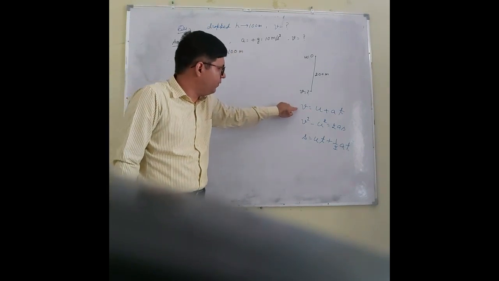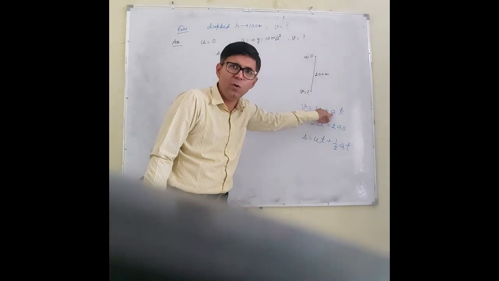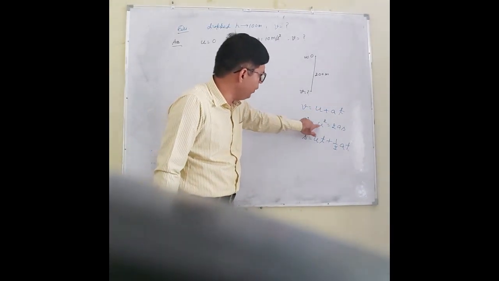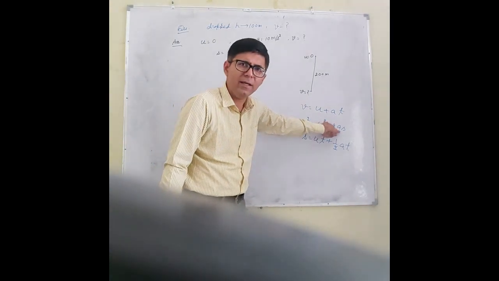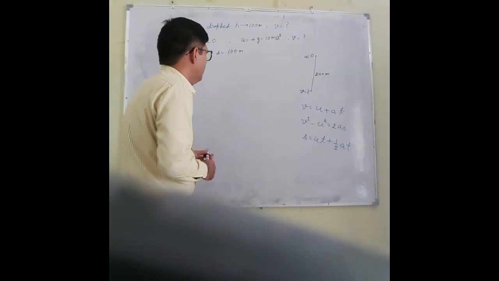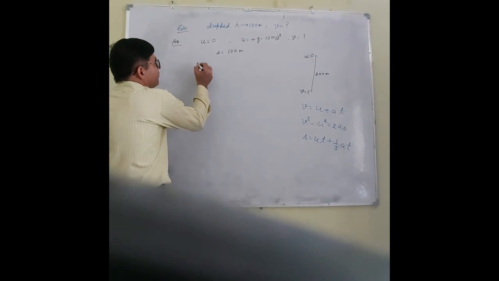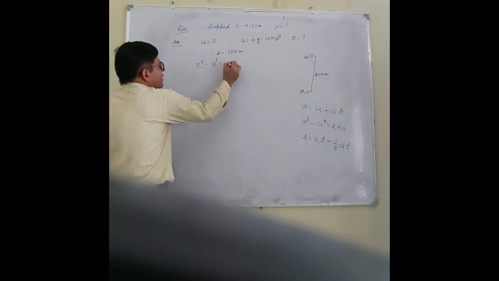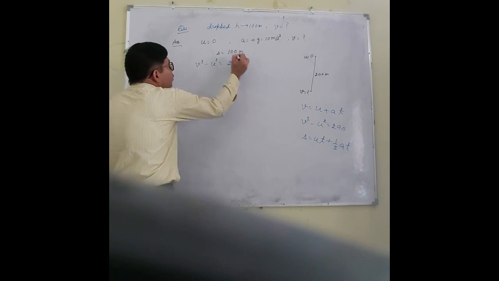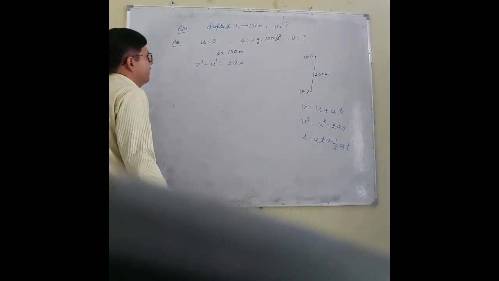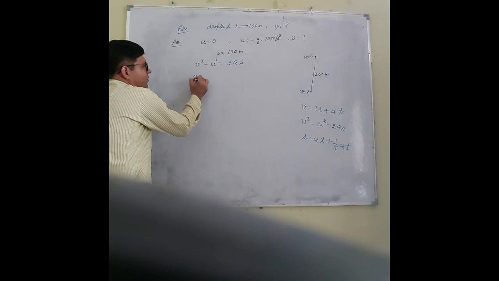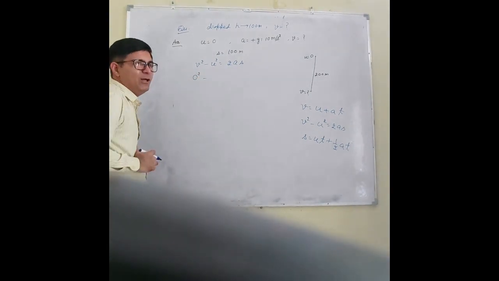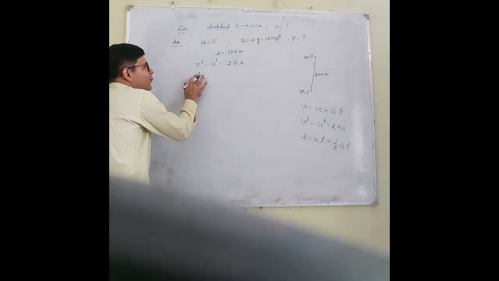In this one, v, u, a, s is not all there, so I won't use this formula. Here, v, u, a and s all are there, so I will use this formula. Take v square minus u square equals 2as. So here v is 0? No, v I have to calculate.